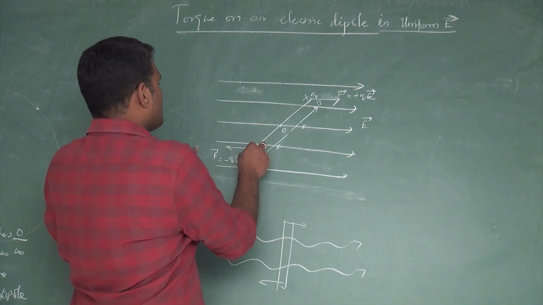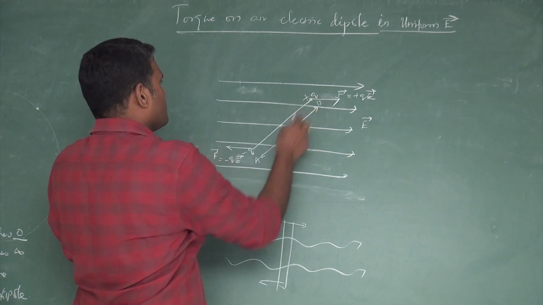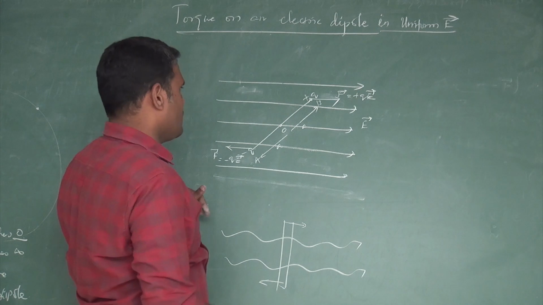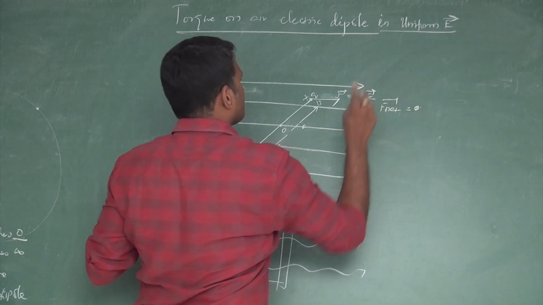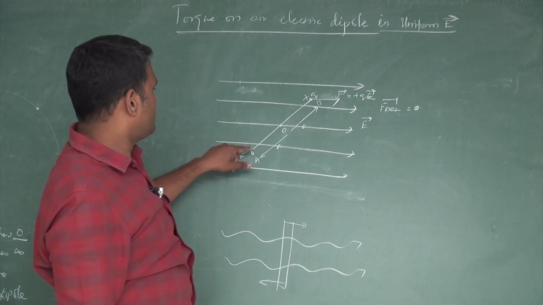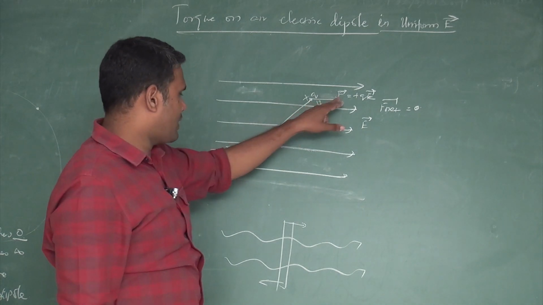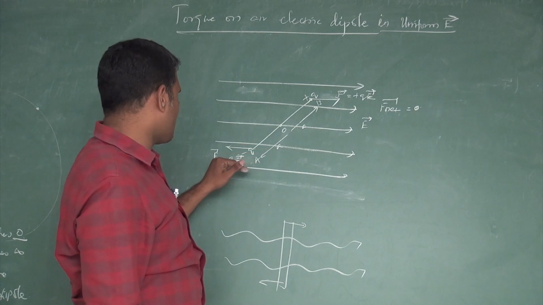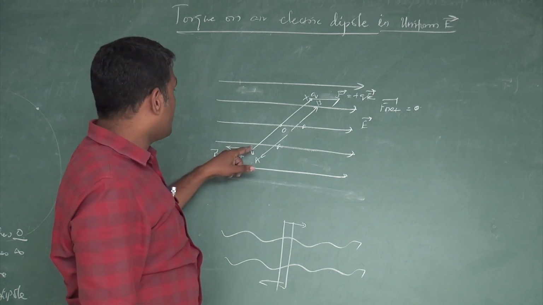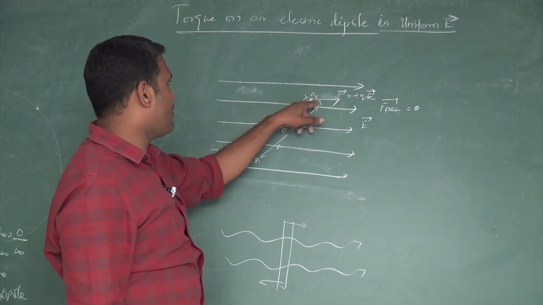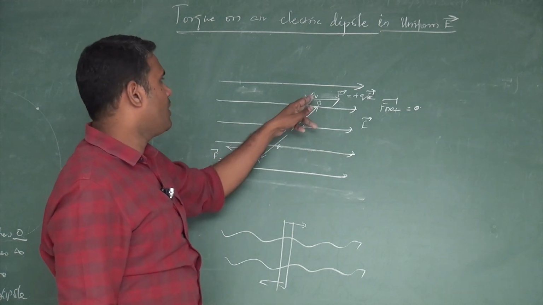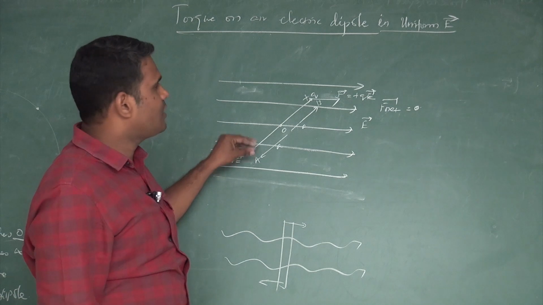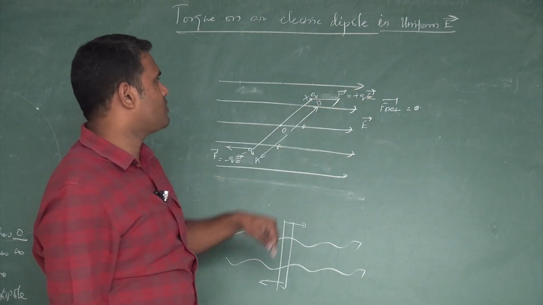The two forces are equal in magnitude and opposite in direction. So the net force acting on the dipole is 0. The electric fields at various points have the same magnitude, so the forces exerted on them have the same magnitude, but they are acting in different directions. So the net force acting on the dipole is 0.